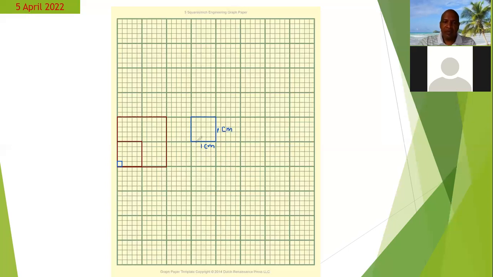Now, if you notice with the centimeter box, you will see smaller boxes within the centimeter box. So I am going to ask you to tell me now, lengthwise, how many of the tiny boxes you see in the centimeter box on your graph paper?